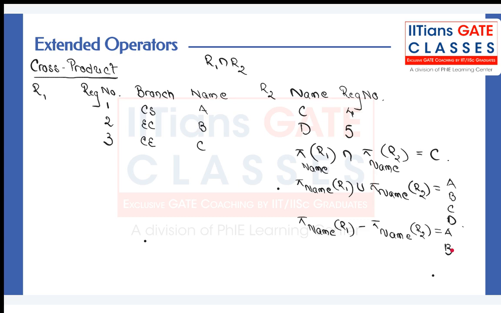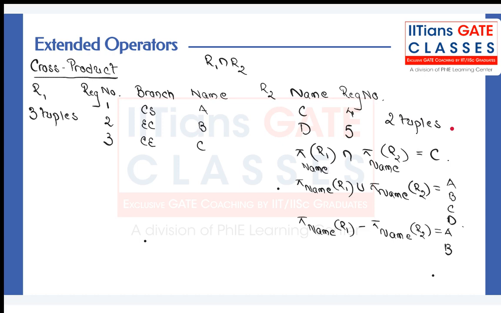So now cross product. Okay. So this R1 has three tuples and R2 has two tuples. Okay. R1 has three tuples, R2 has two tuples, right? Cardinality.